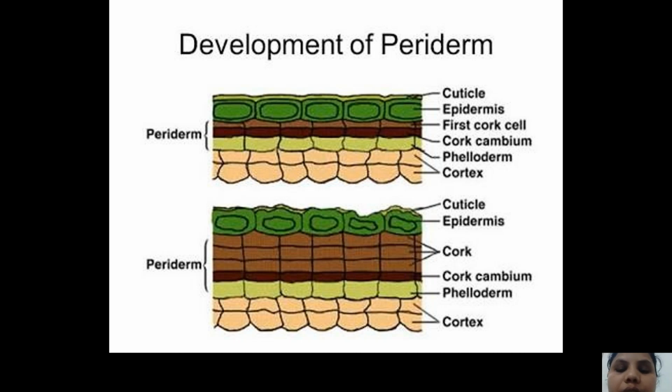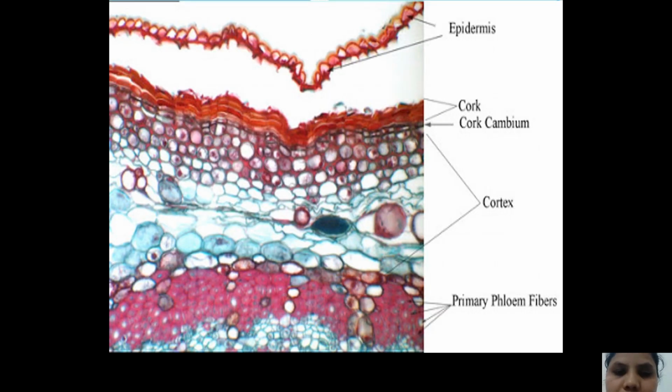The cell surface is coated with suberin, and they become thick and impervious to gaseous substances. Here is a microscopic picture showing how the epidermis is stripped off with the formation of this periderm in the cortex region, with the cork cambium and the cork formed.